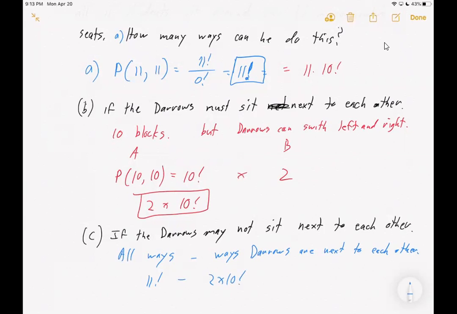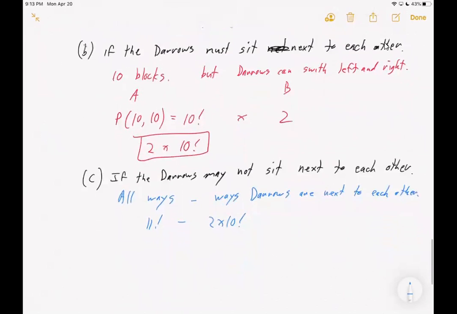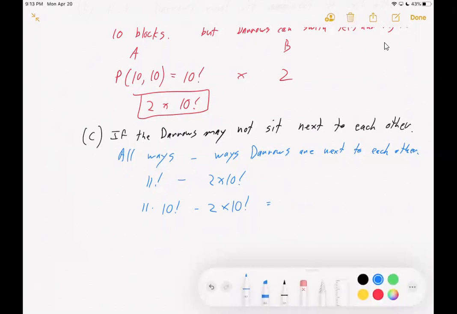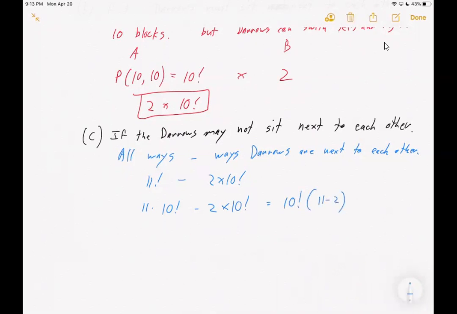We could simplify that because we just said 11 factorial is 11 times 10 factorial, minus 2 times 10 factorial. If we factor out the 10 factorial, that's 10 factorial, and what's left is 11 minus 2.